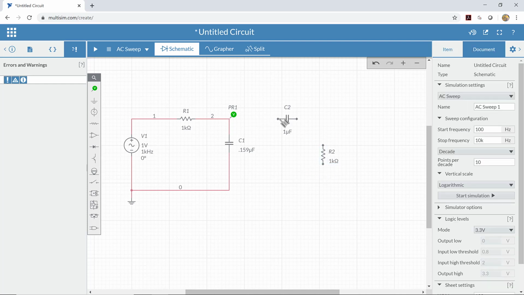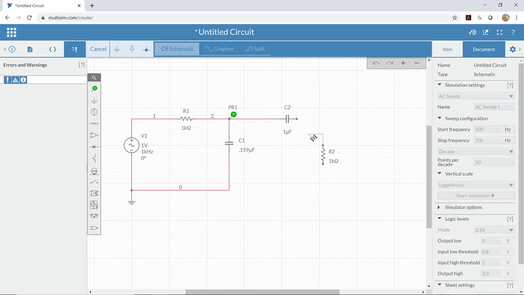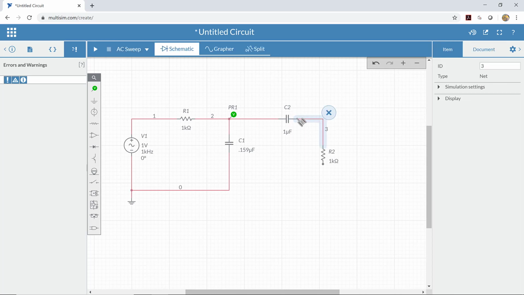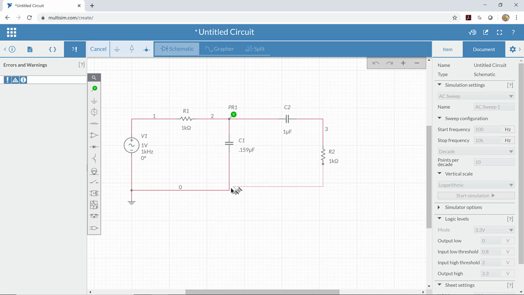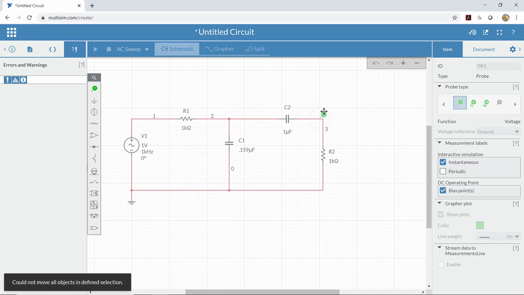Okay, and now I'm going to connect this capacitor over there, and connect the resistor up there and down here. And now I'm going to move my voltage probe over there.